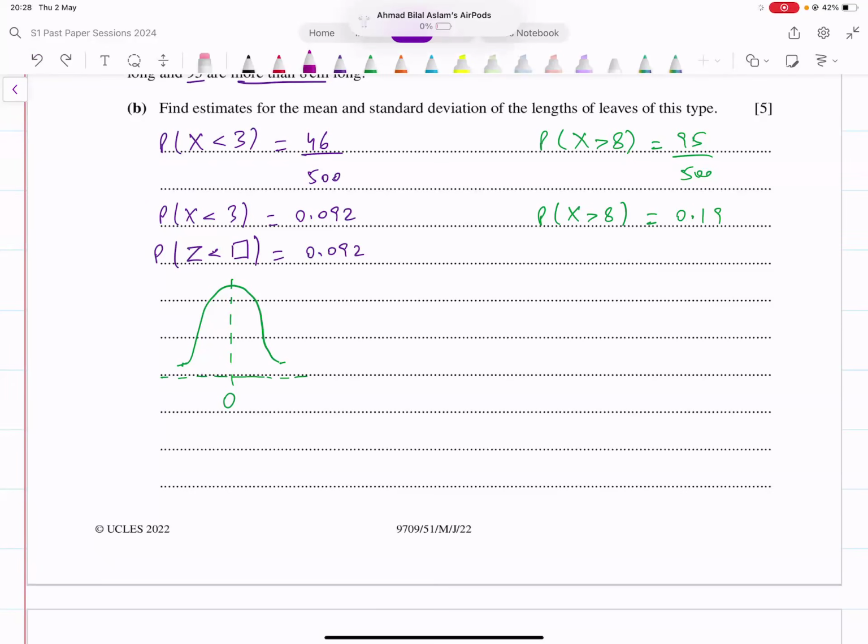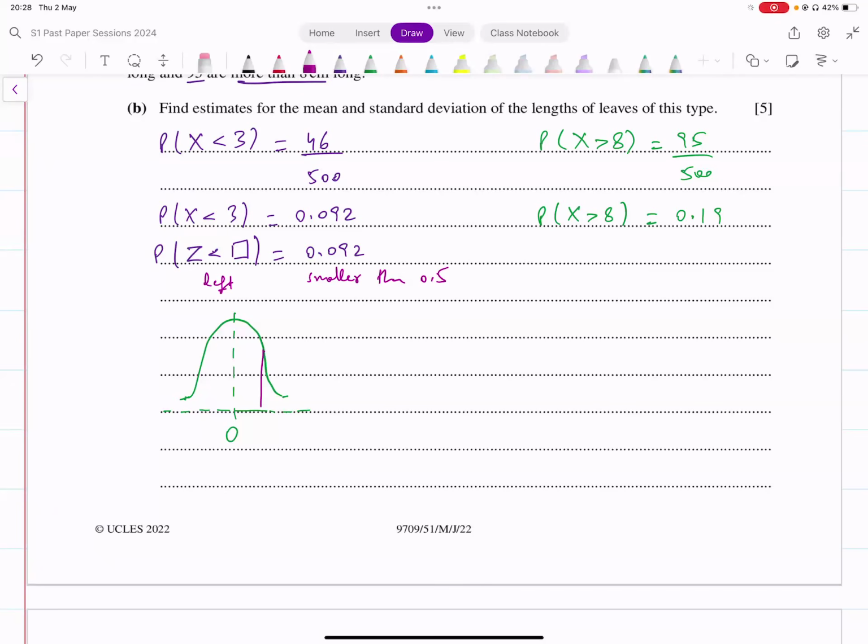Is z going to be placed on the negative side or the positive side? The area to the left of z is smaller than 0.5. Less than means we are looking at the left side. How can the area to the left be smaller?